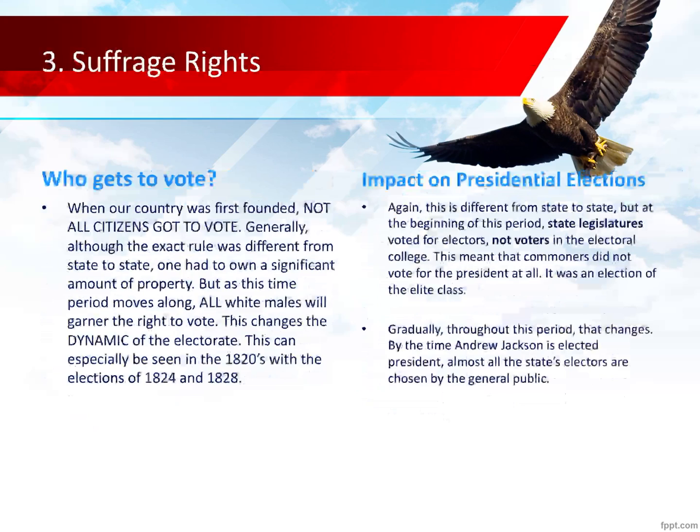Now, the first suffrage movement that's going to happen is this change where at least all white male citizens will get the vote. And by the end of this period, in most states, all white male citizens over 21 would get the vote. Now, today, we look at that and say, that's awful.